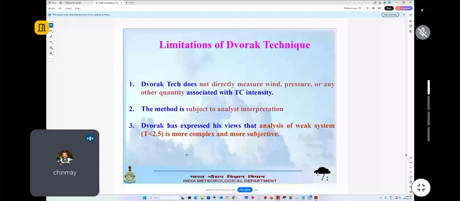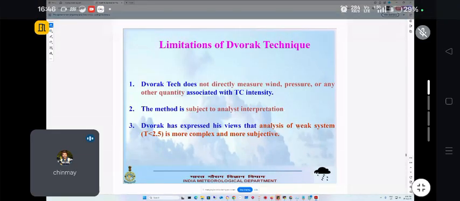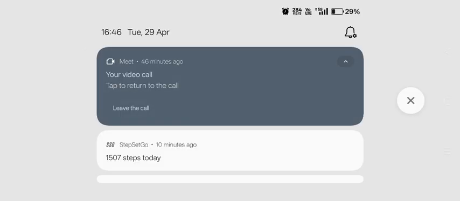So you have more confidence in the cloud measurements when the cyclone is more intense. When the cyclone is very weak, because the clouds are not very well organized, you have low confidence, and that's why he has expressed his views that analysis of a weak system is more complex and more subjective.